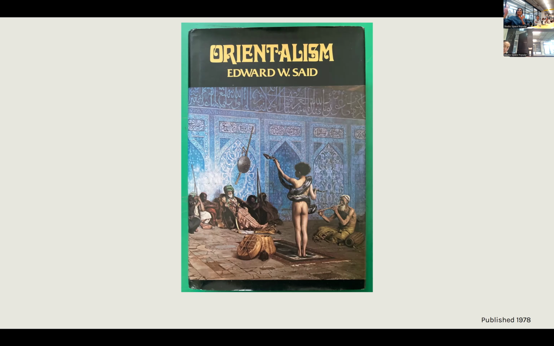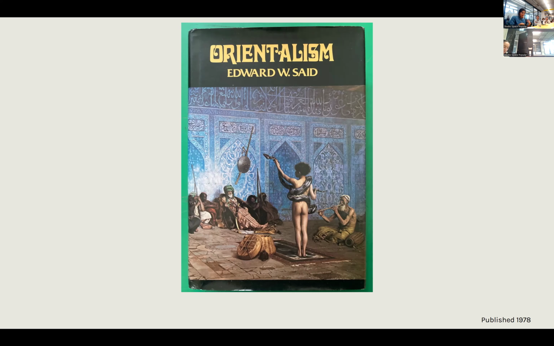The West sees the people of the Orient, which they're talking about Arabs or Indians, and what they call the Islamic world, as somehow backward, not just culturally and intellectually, but in their political capabilities as well. So they create this superiority of themselves through this othering of what they call the Orient.